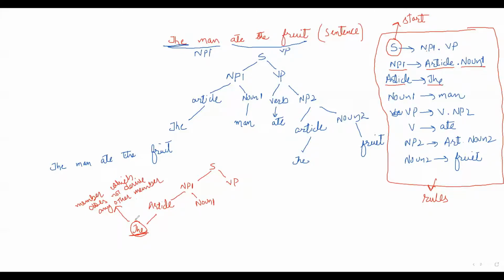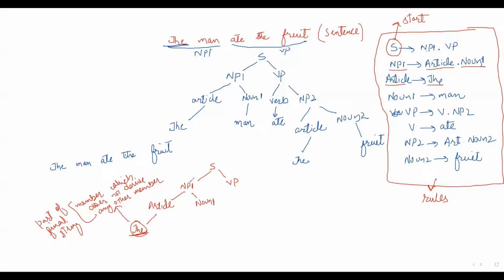Or we can say this is a member that is a part of the final sentence, or part of the final string. What is our final string? The man ate the fruit. Okay, so now the left side is completed.